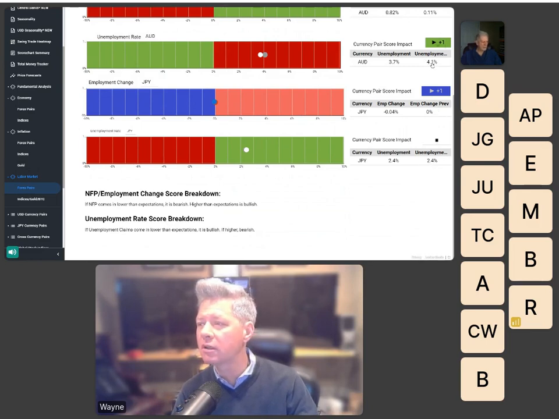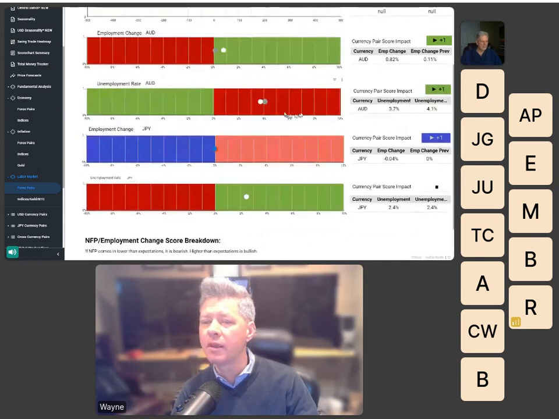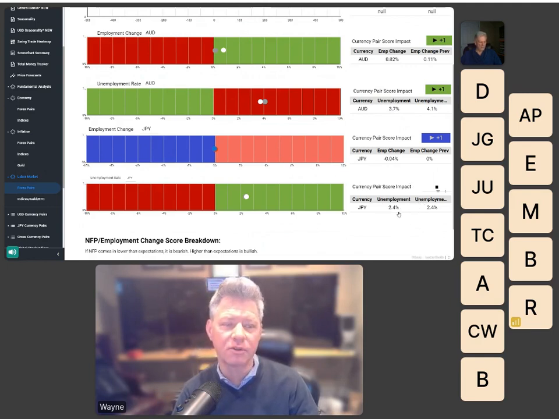See, look at Australia, okay, we have the unemployment rate. Now it's interesting how it's going this way, but 3.7, and in Japan it's 2.4. I don't think the United States has ever been at 2.4. Like 3-something is extraordinary.